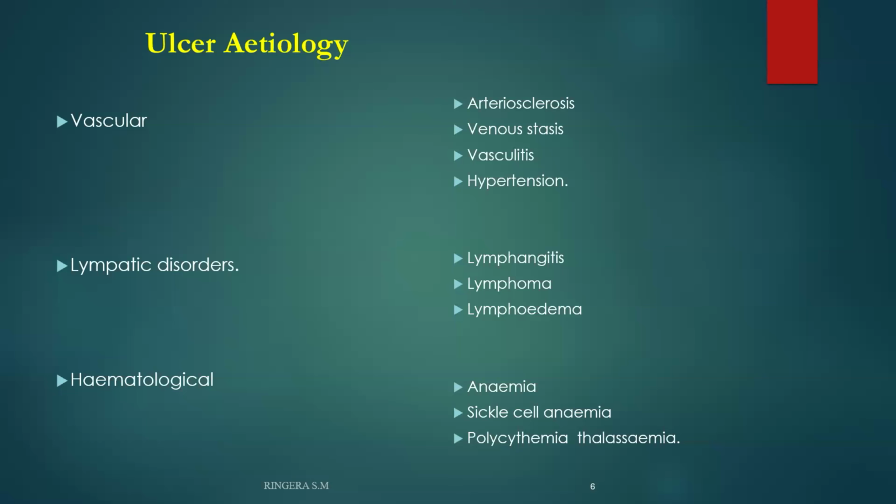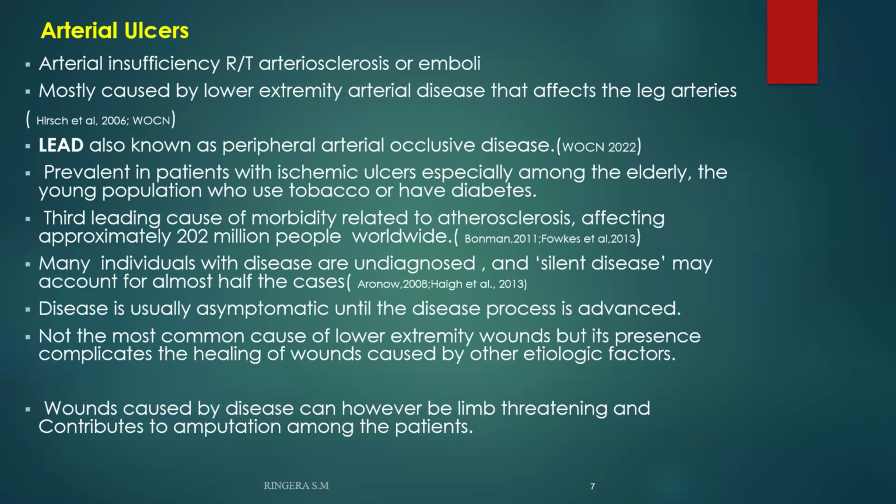The lymphatic disorders and the hematological problems that we usually see in clinical practice contribute much to the patients who present with atypical ulcers, whose etiology is not very well understood.